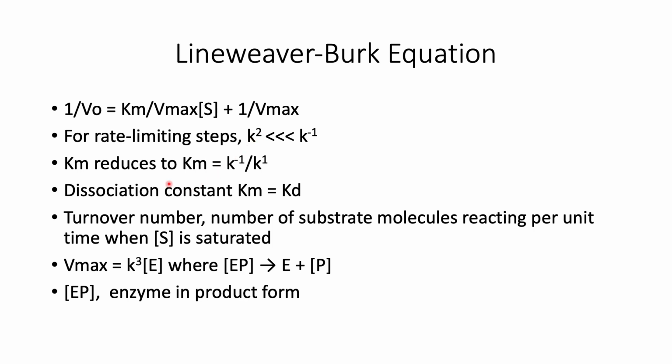So when you have the K2 being vanishingly small, then the Km reduces simply to the ratio of the reverse constant, which is the ES complex going back to substrate and enzyme, over the forward reaction of the initial reaction, which is substrate and enzyme going forward.